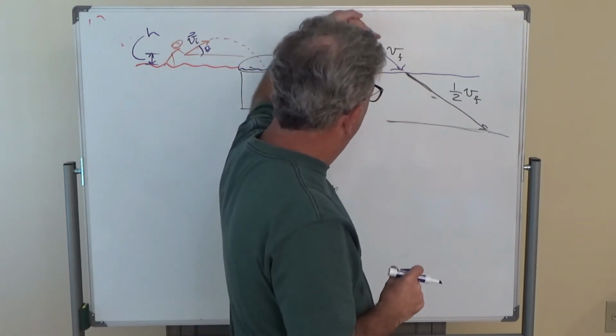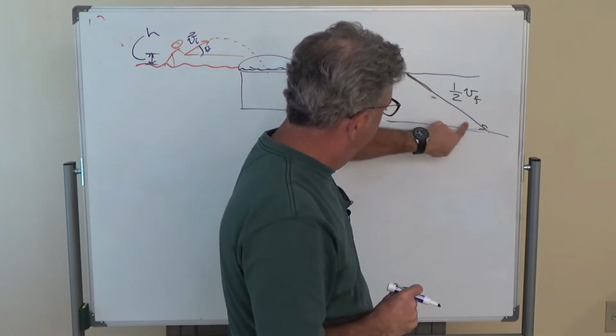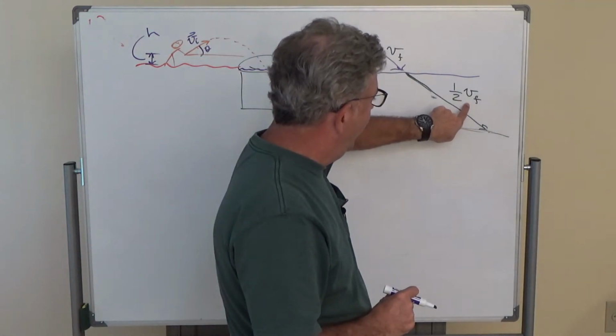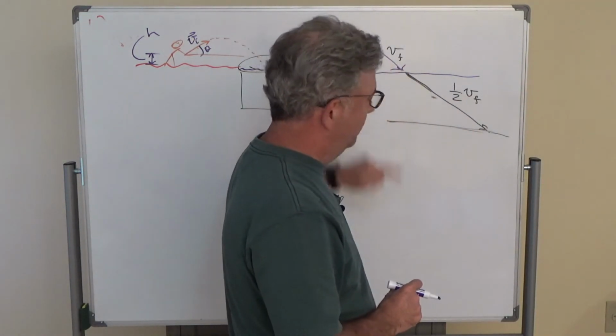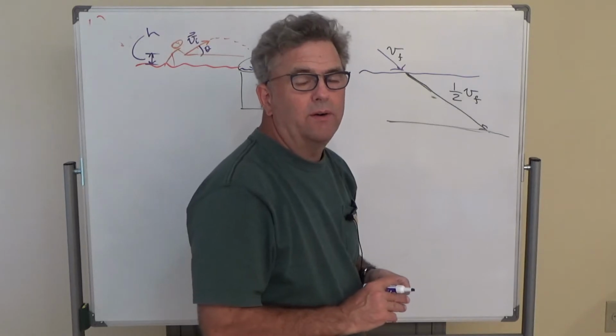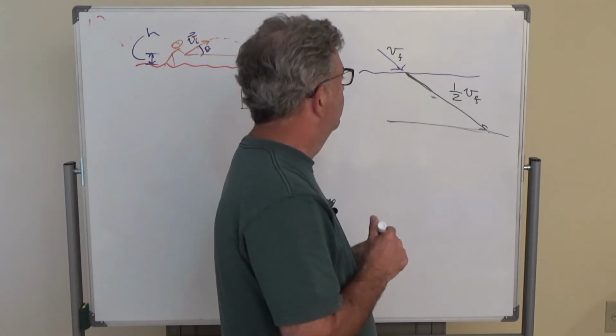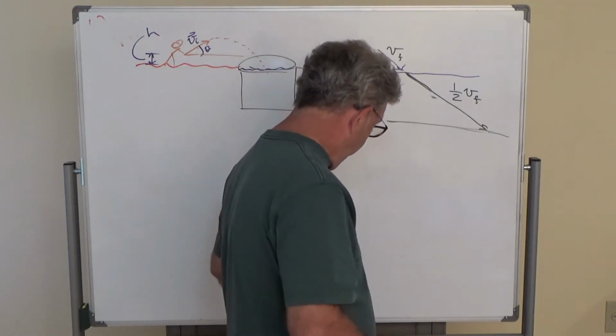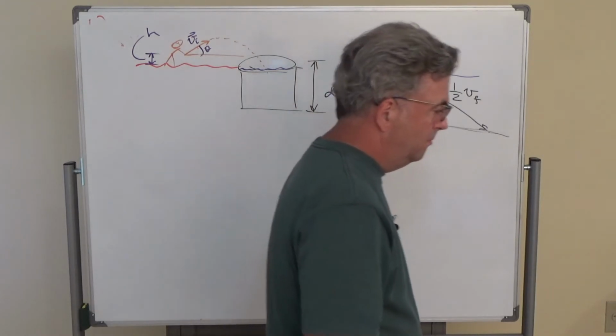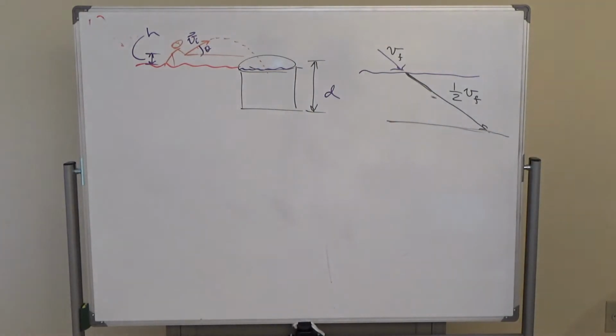And when it strikes the water, it moves in a straight line at half of the velocity that it had when it struck the water. So is that in the problem? No, it says it immediately slows down to exactly half the speed it had when it struck the water. Okay?